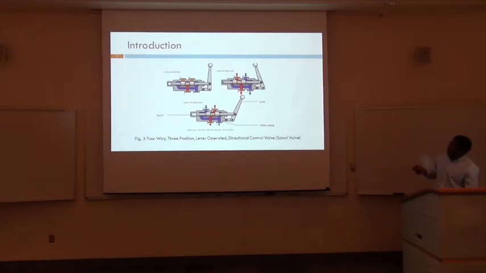Fluid from the pressurized side is going to the A port, and fluid is going from the B port back to tank. And then the bottom position is just the reverse of this one. Fluid is going from A back to T, which is tank, and pressure is coming to the B port of whichever actuator we're using.